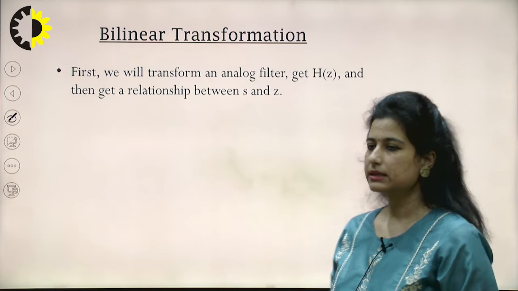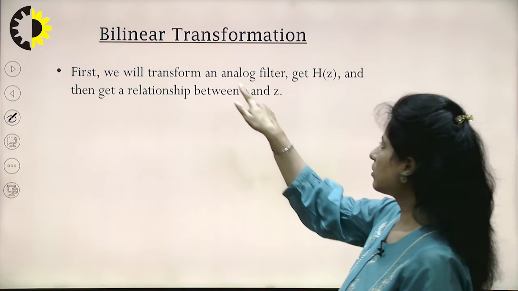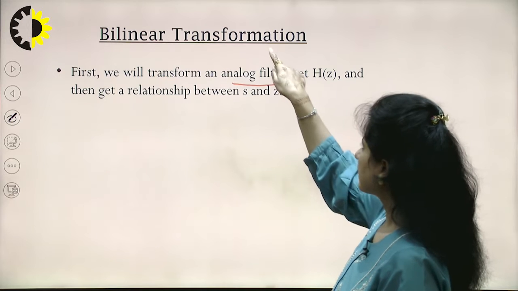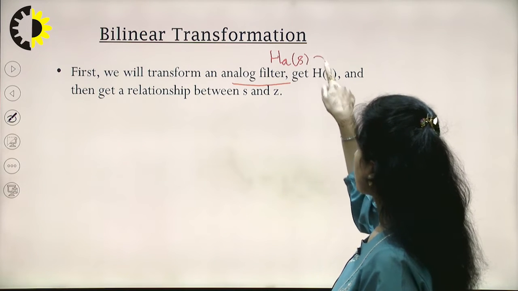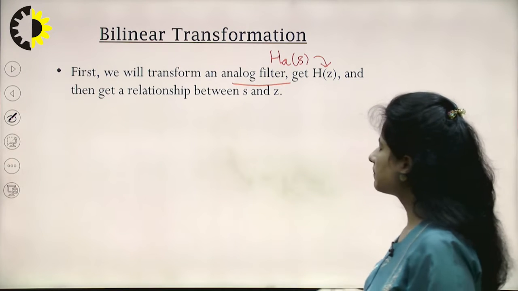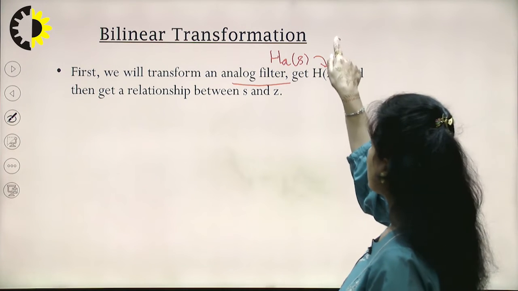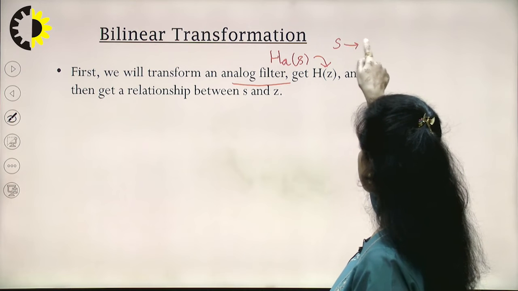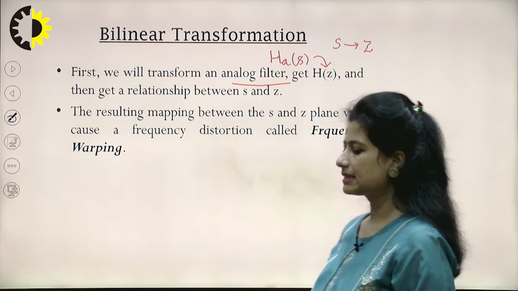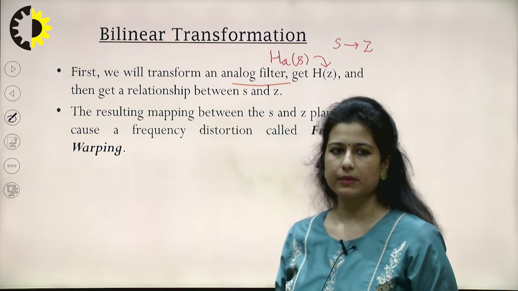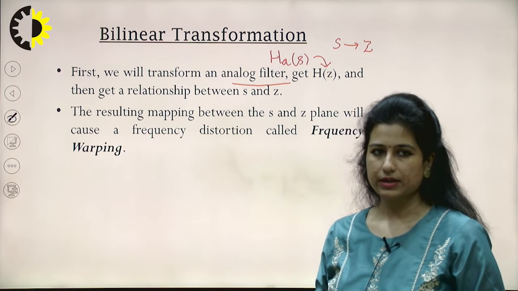Here we'll be transforming the analog filter function, that is my H(s), directly into H(z). That means I am jumping directly from my S domain to Z domain without coming back into the time domain. This kind of transformation seems to be a bit simpler as compared to impulse invariant transformation.